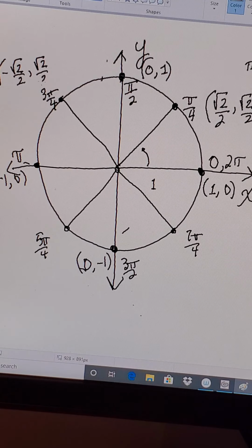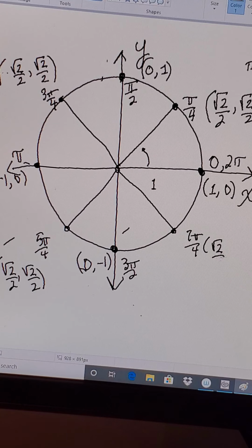I should not have put the negative here. What I'm trying to show you is that first, we're just putting the same coordinate at each quarter. So very easy.